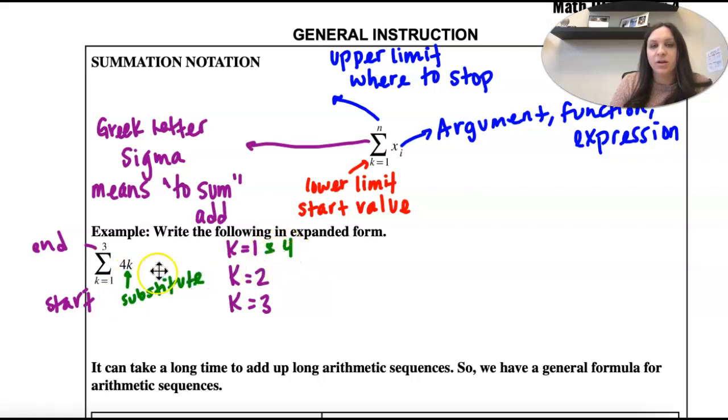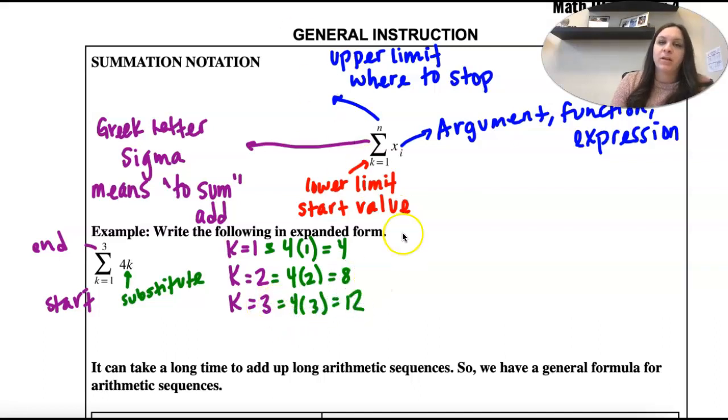Alright, k equals 1. So 4 times 1 is 4. 4 times k, the k equals 2. That's 8. 4 times k, the k equals 3. That's 12. And then we sum. That's what we're doing, summation.